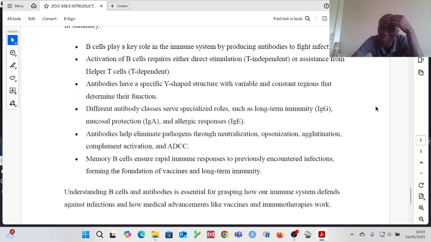Once the pathogens are bound together, it will not only limit their spread, but it will make them easier to clear from the system. Then there is the complement activation, which happens by use of proteins that either make pores in the membrane of the pathogen, or they lead to apoptosis, which we call the programmed cell death.